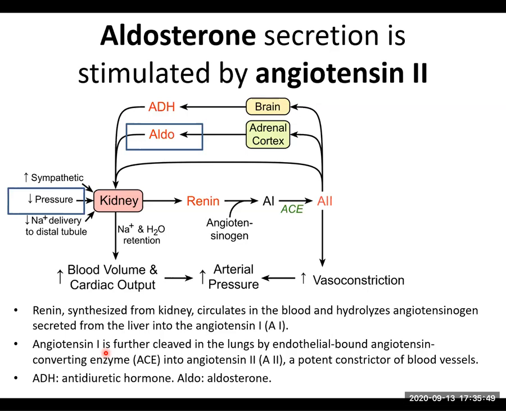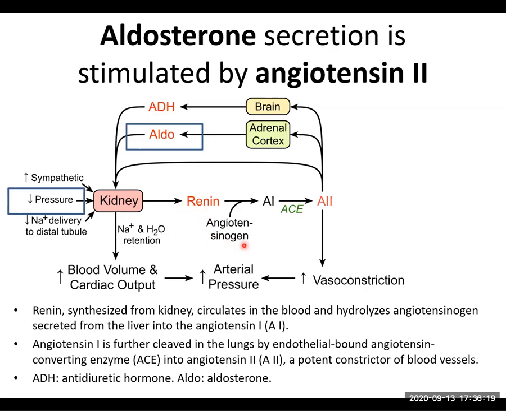However, these mineralocorticoids, this aldosterone, is also regulated by the renin-angiotensin pathway. So this pathway, we mentioned before, that the kidney can detect several things: sympathetic pressure reduced, low sodium in the macula densa.